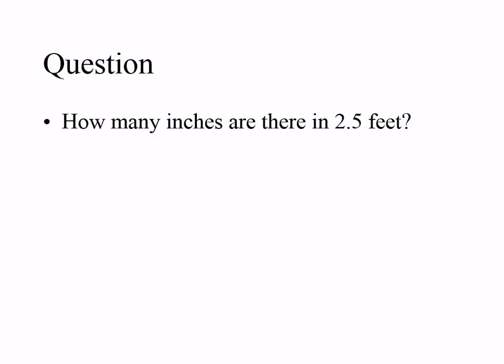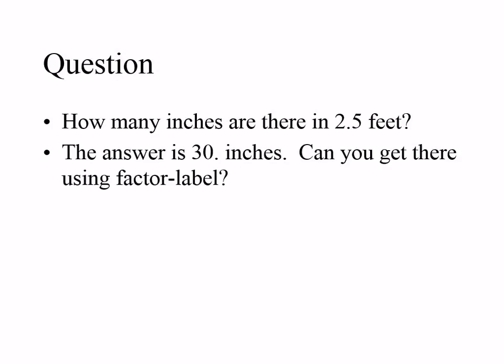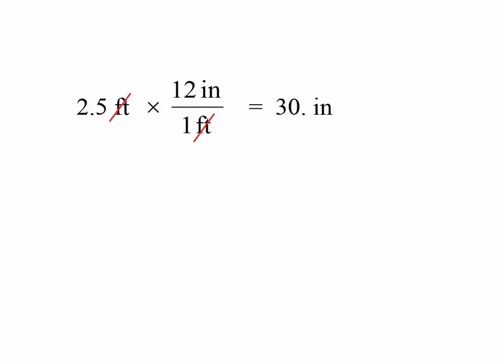And so we did this one where you guys told me 2.5 feet is equal to 30 inches. But to do it the factor label way, you have to do this. 2.5 feet is our first term, no naked numbers. We're trying to go from feet to inches, so we know that 1 foot is equal to 12 inches.